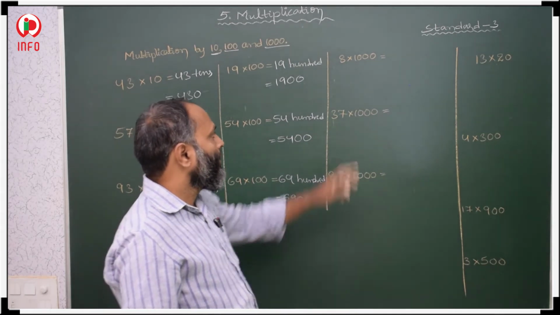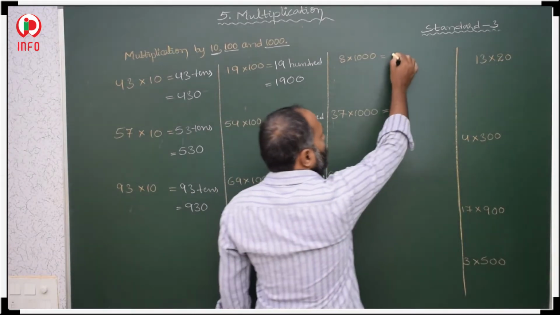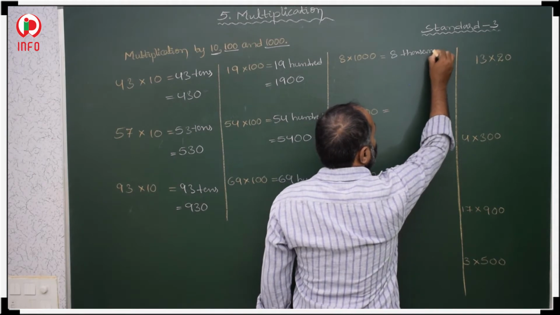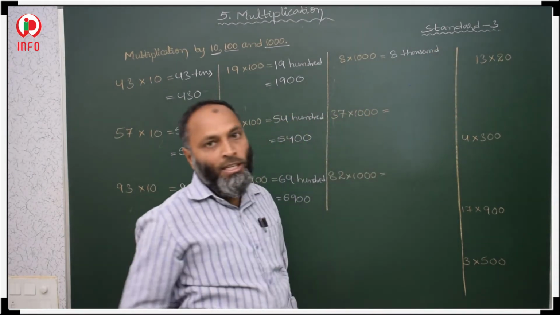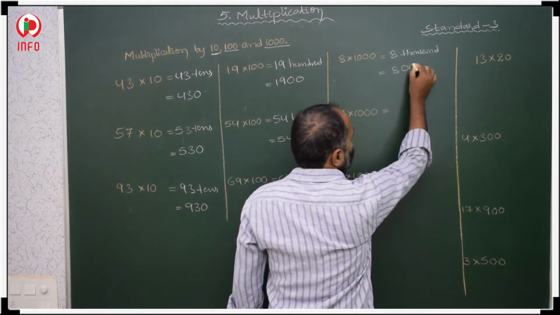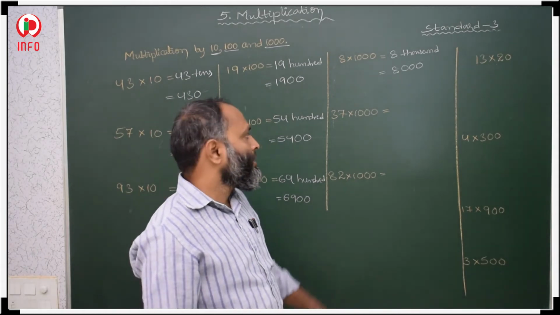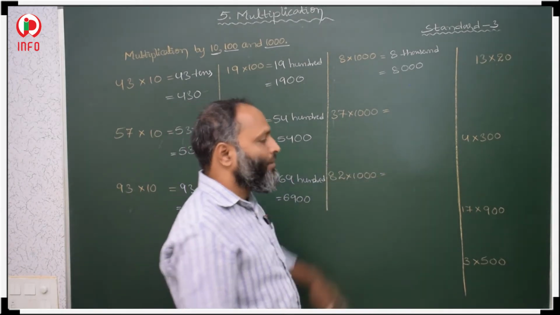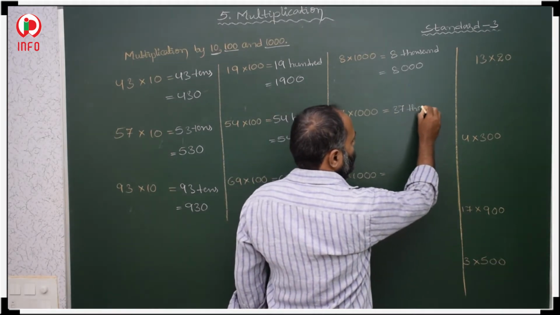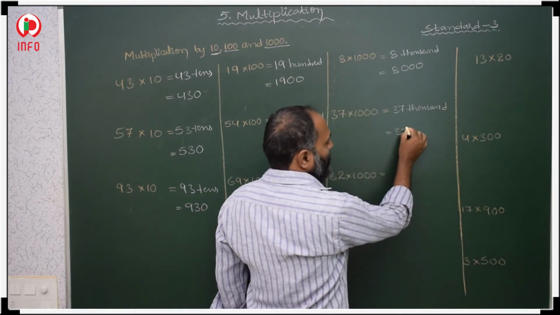Now 8 into 1000, that is 8000. It is very easy. In 1000 we have 3 zeros. So 8000. 37 into 1000 is 37,000.